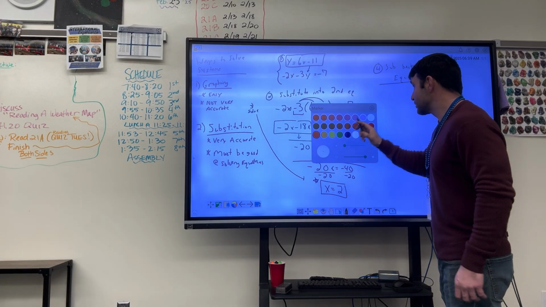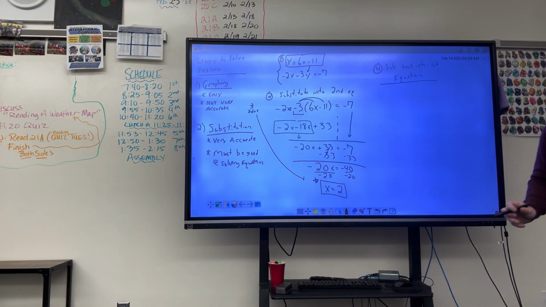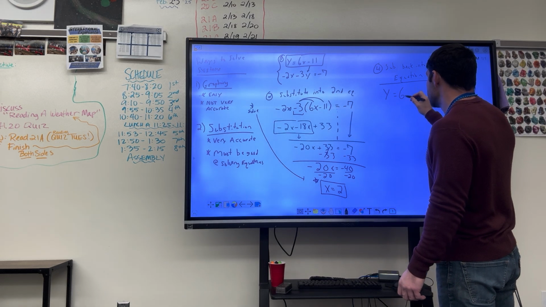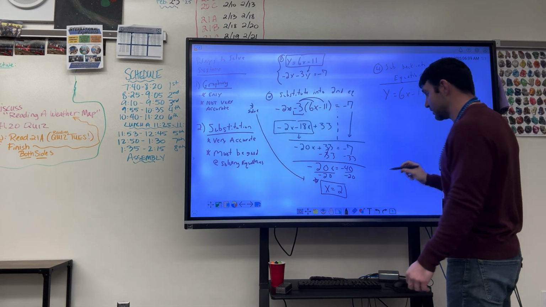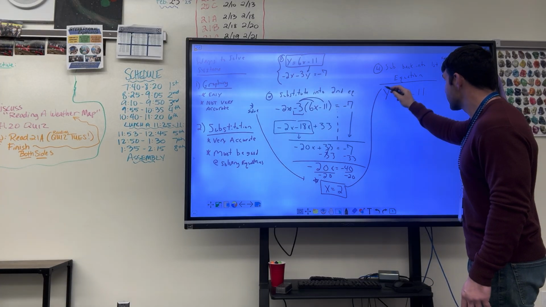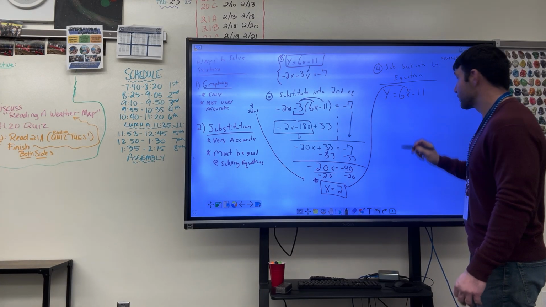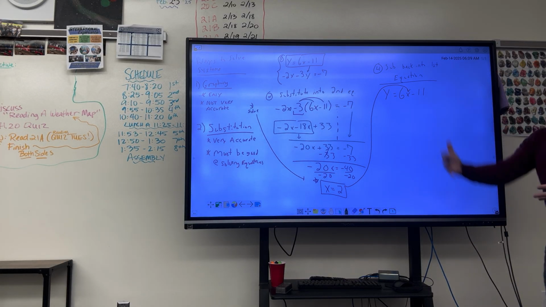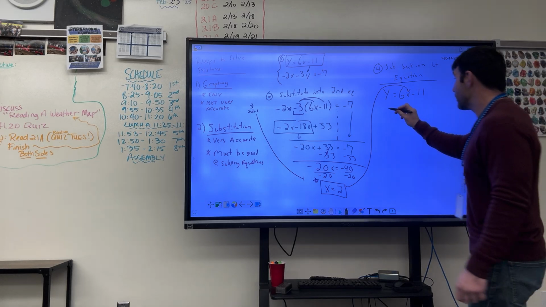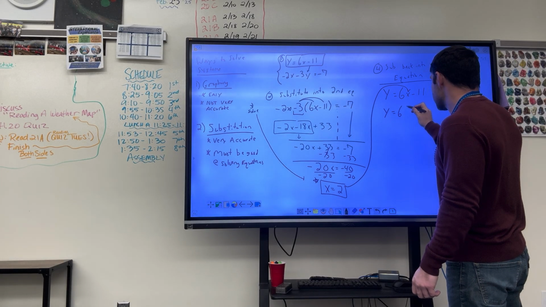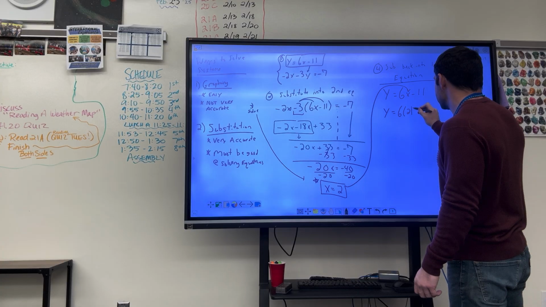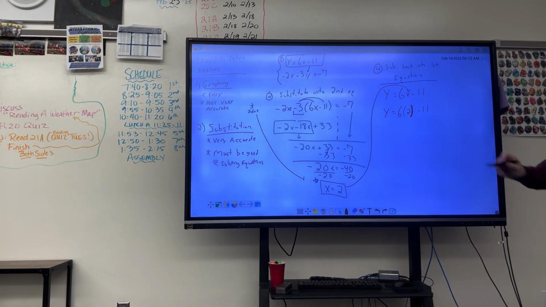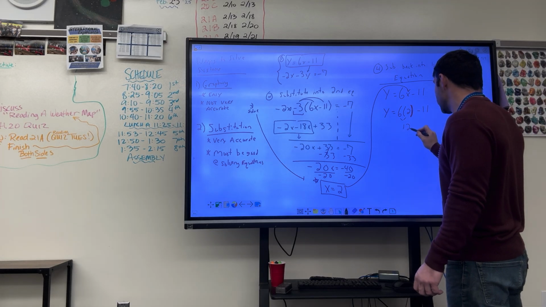What letter don't we have right now? Well, we have x. What don't we have? Y. So we're looking for y. We have y equals 6x minus 11. Well, my x is now getting substituted in. We know what x is. We solved for x, so we're substituting it back in. So now I have y equals 6 times 2 minus 11, because 2 is my x. 6 times 2 is 12 minus 11.